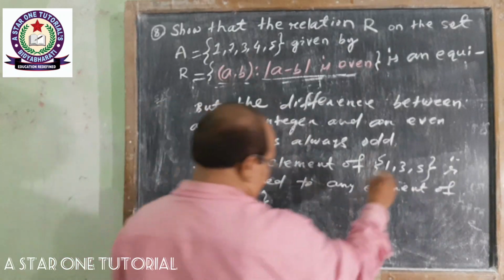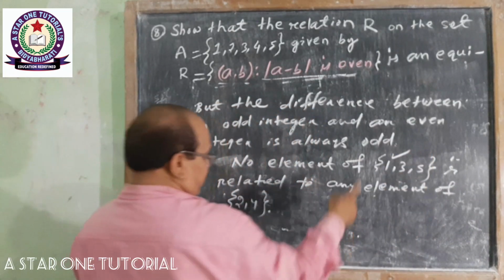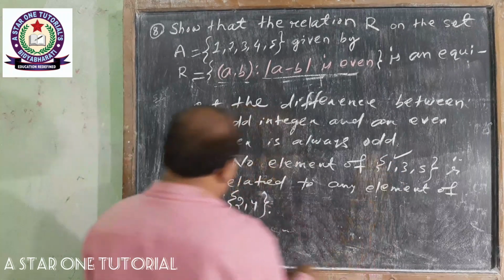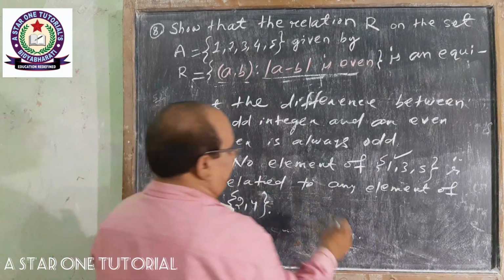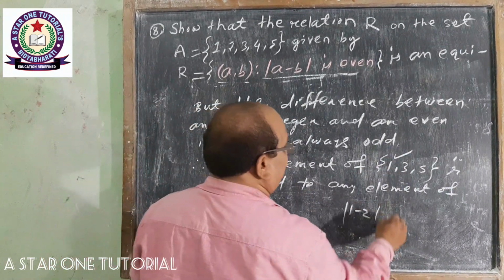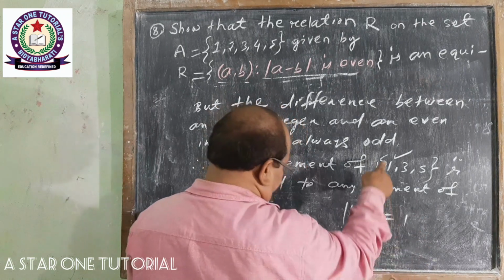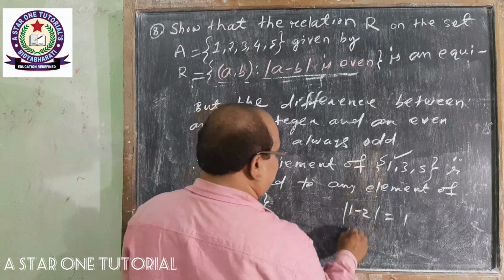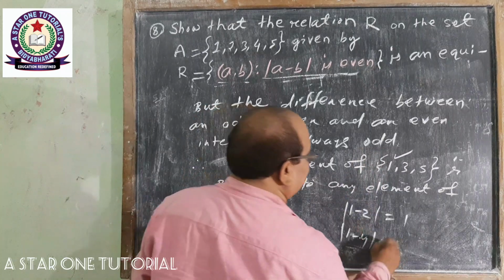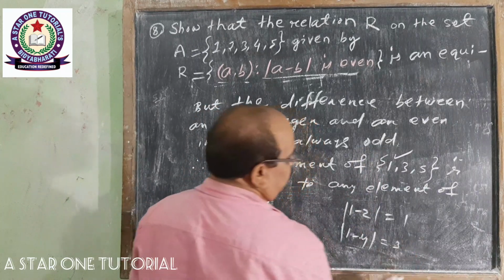You take for example 1. If with 1 we take 2, then what is the difference? Modulus of 1 minus 2 is equal to 1, and 1 is odd. If you take 4 with 1, modulus of 1 minus 4 is equal to 3, which is also odd.